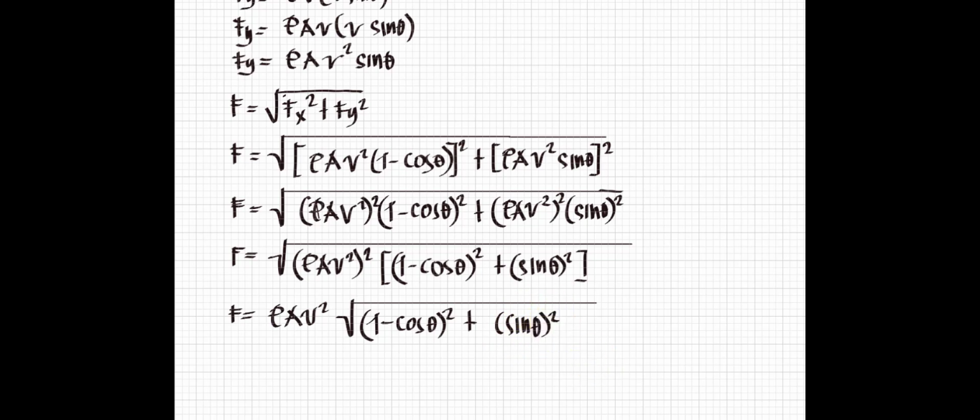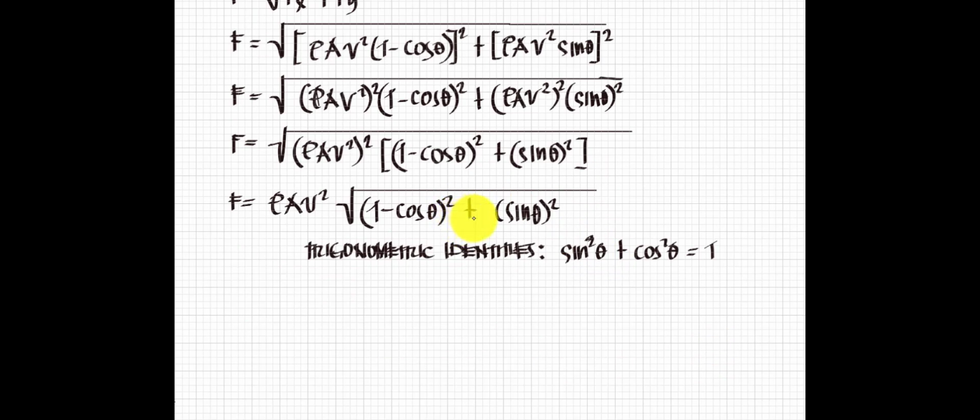So remembering that we have a trigonometric identity, which is the sine squared theta plus your cosine squared theta, so this is equal to 1. So we'll be substituting yan doon sa loob.